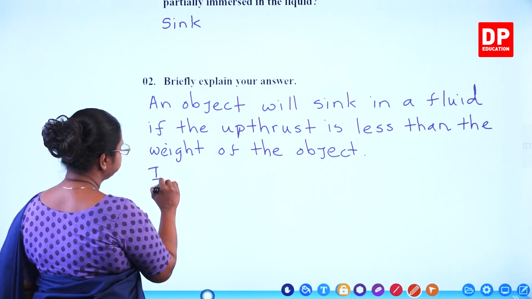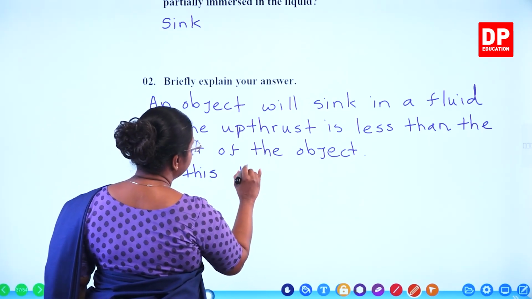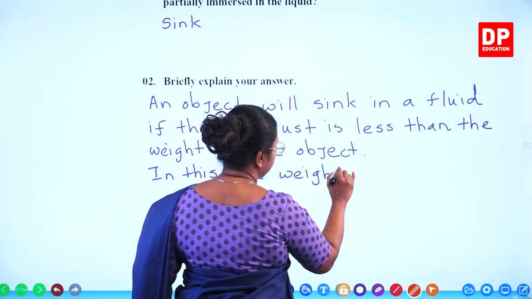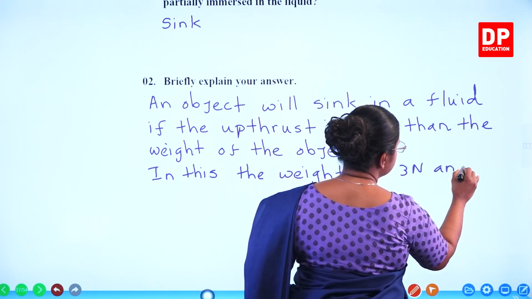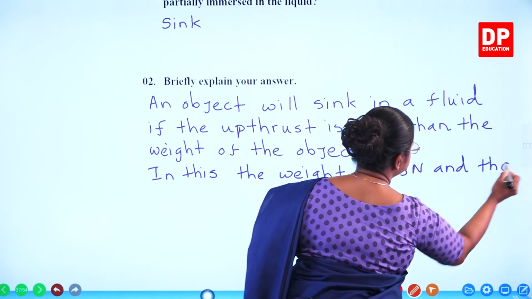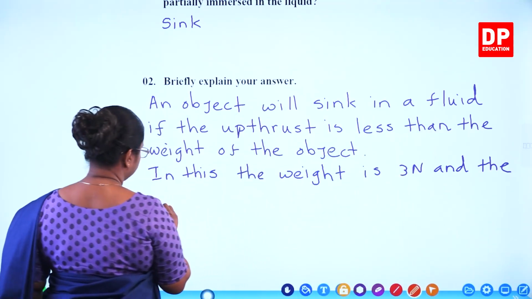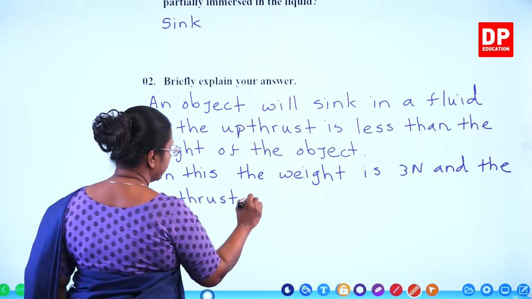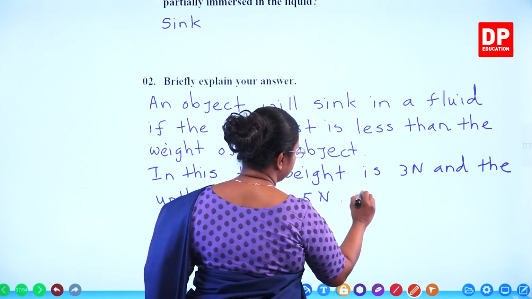In this, the weight is 3 Newton and the upthrust is 2.5 Newton.